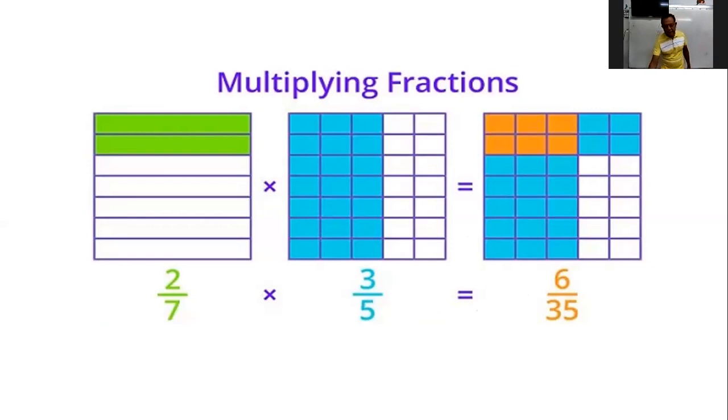Equals 6. How about 7 times 5? What is the answer when you multiply 7 and 5? It's 35. Yes, so our final answer is 6 over 35.